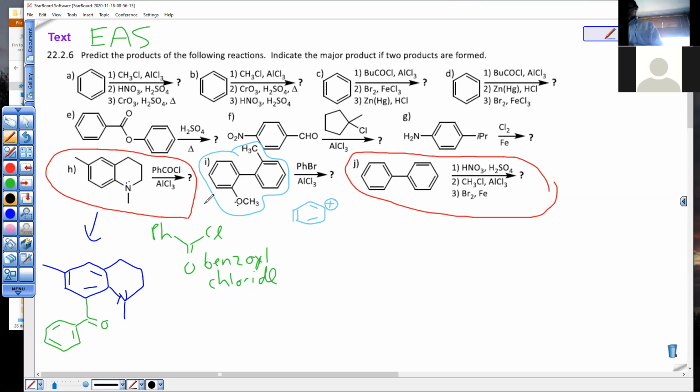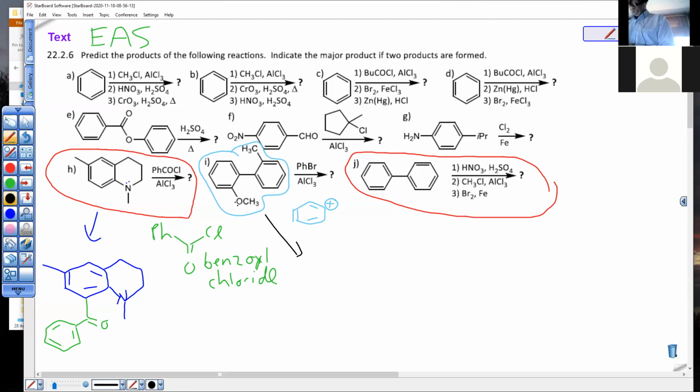That would be minor there. If you had to go minor, you're not going to get a high yield, but I'd go para to this methyl group as a third product, and then ortho to that group over here as a fourth. But I'm only going to stick with those first 2, major being para here.